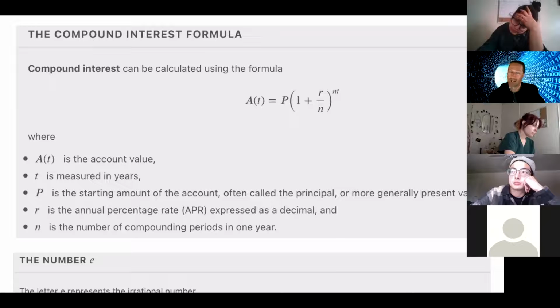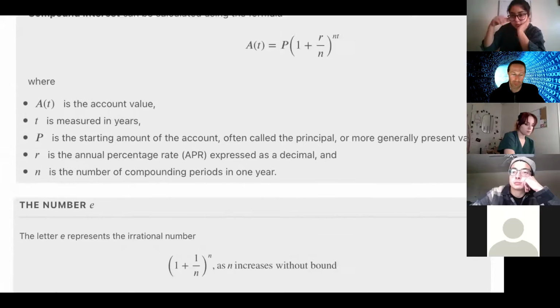Because they charge you guys 6 to 26%, and then they give you 0.01% in your savings and checking. That's why they make money and then can just give it to you. All right, so check that out if you want.